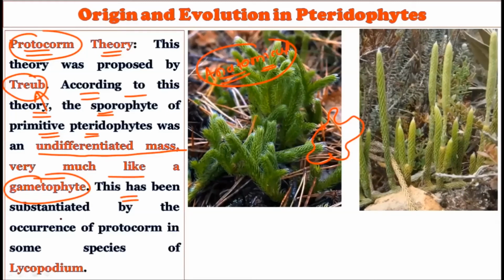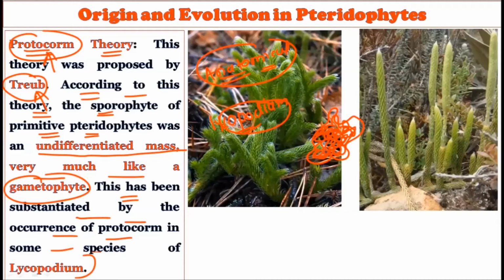Okay, this has been substituted by the occurrence of the protocorm in some species of the lycopodium. Lycopodium shows the anatomical characteristic called the protocorm, and this protocorm is the ancient structure according to Tube, which was present earlier, and after the differentiation of this protocorm structure, there is a formation of the pteridophytes.